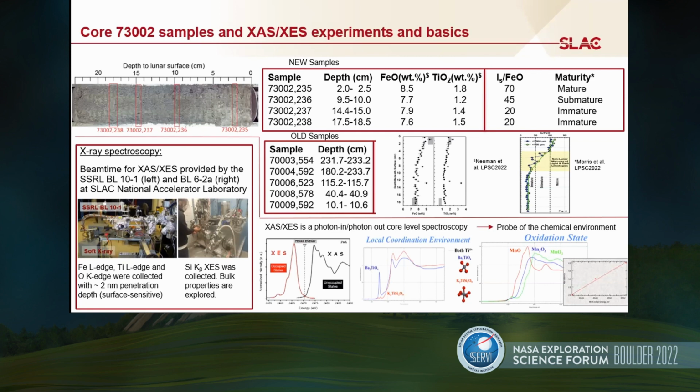So it's an element-specific technique. We were probing the unoccupied electronic states around our species. It's very powerful because we can get information about the local coordination environment and also the oxidation state of the major components that we have in the regolith.